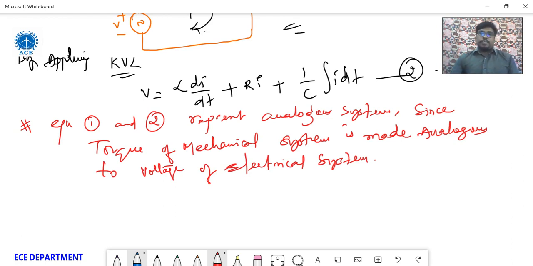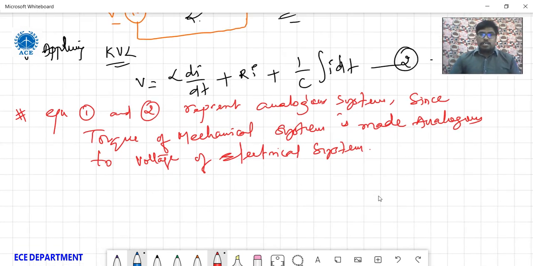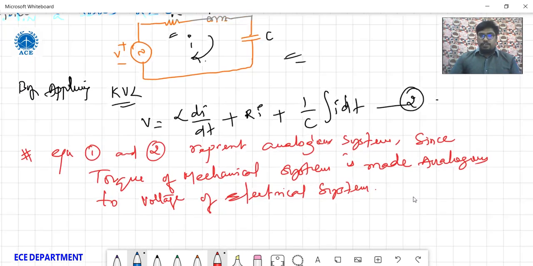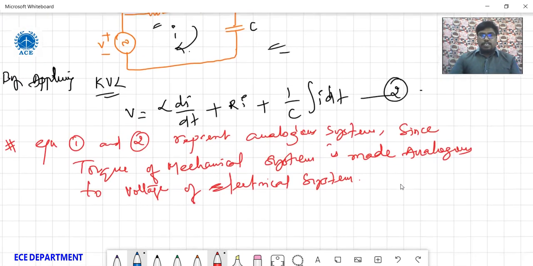In the same manner as we completed the translational mechanical system with the force voltage analogy, for the torque voltage analogy we also need to take the conversion to the TV analogous system.